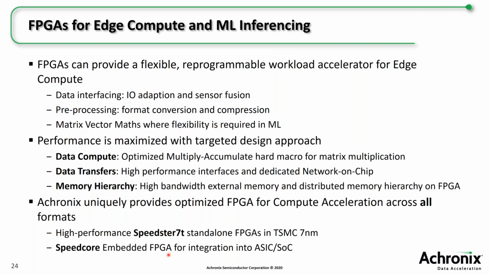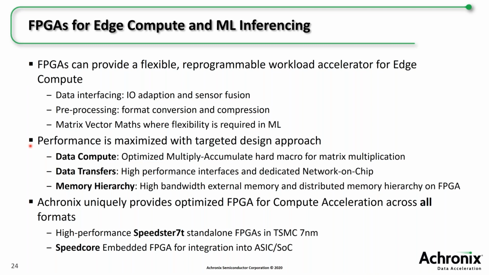So just to summarize and put things into context for you all, we see that FPGAs are great at providing this reprogrammable, flexible workload accelerator for edge compute. That could be data interfacing, remember that we talked about, could be pre-processing, but it can also be the machine learning inference engine itself. So there's a significant applicability of that flexible processing that you can do in the FPGA.